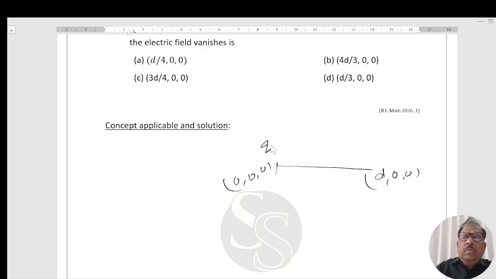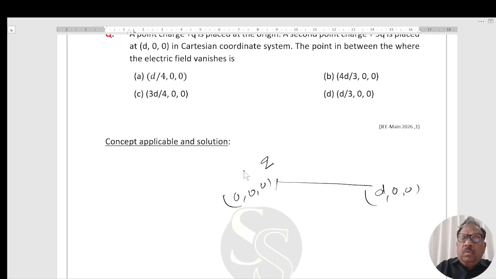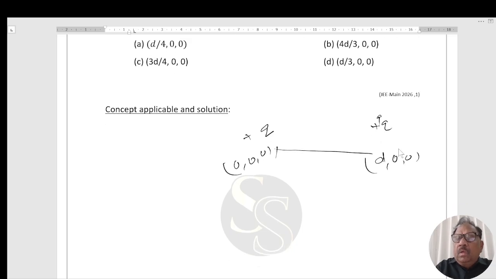Here charge Q is placed, plus Q, and plus 9Q is placed here. Two charges are there. You have to find the position. Let at point X, the electric field is 0.